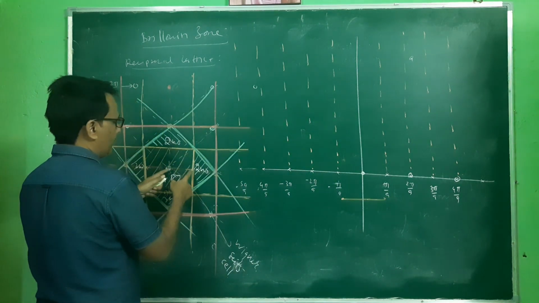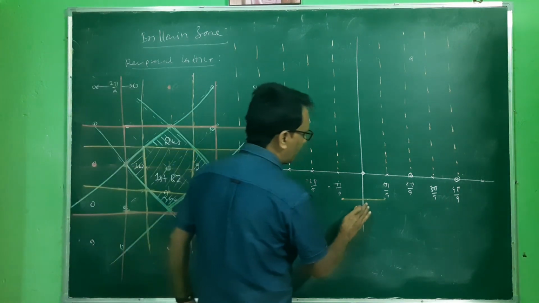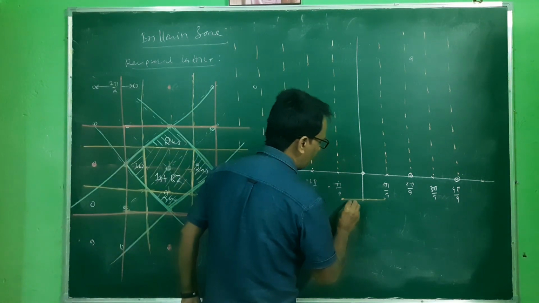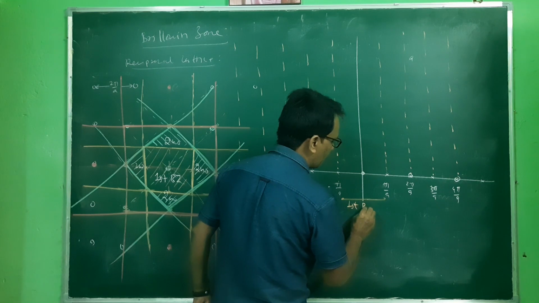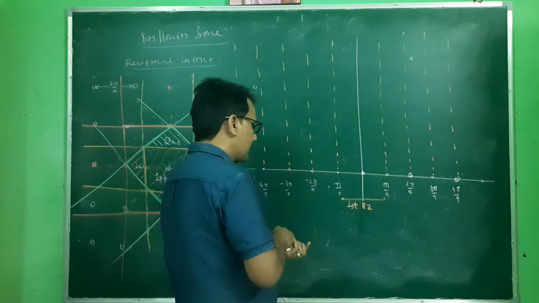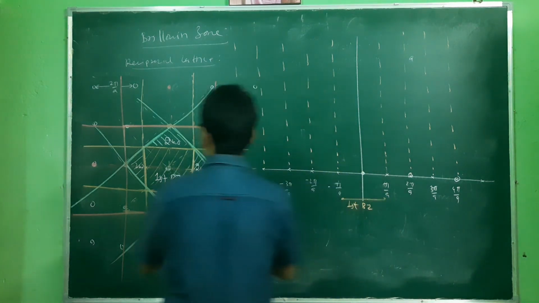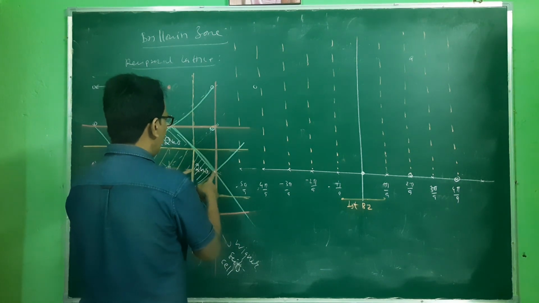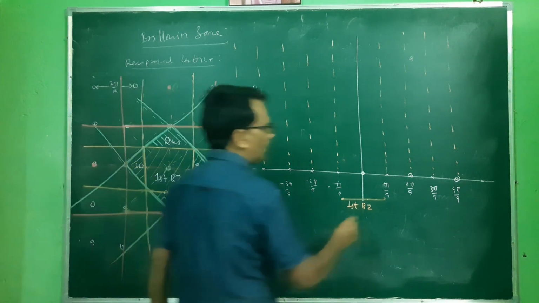in this region, this is the first Brillouin zone. The second Brillouin zone will be between pi by a and 2 pi by a.